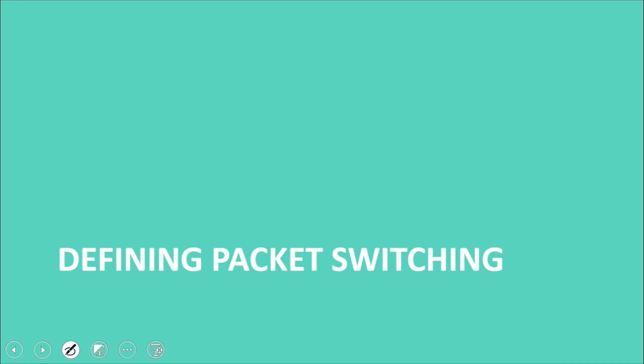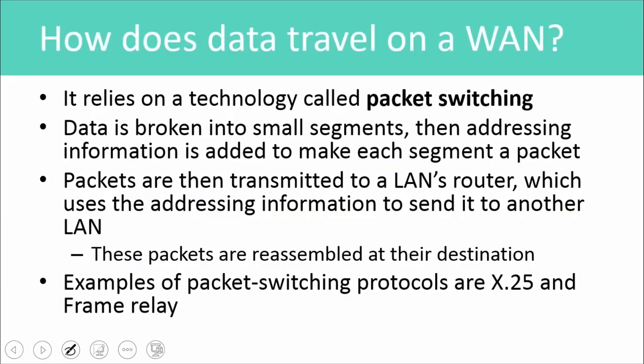All right, and the internet in general, WANs, LANs, they use a technology called packet switching. And packet switching means that the data is broken into small segments, and then addressing information is added to each segment in order to make it a packet. And then from there, routers transmit packets across networks from one LAN to another, right?